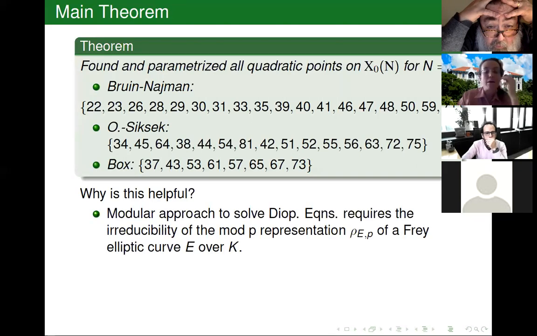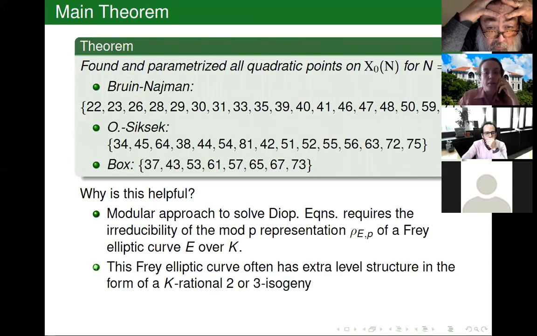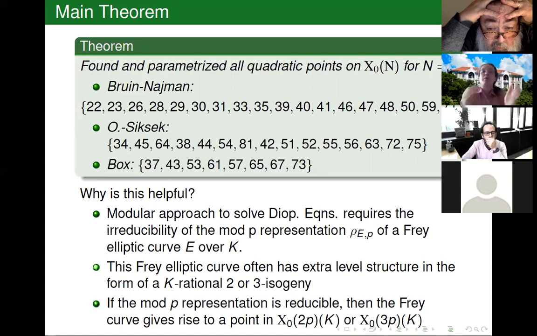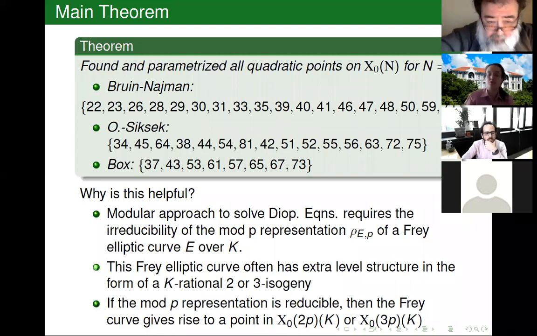Because you remember, we need the irreducibility of the mod P representation of a Frey elliptic curve E over K. And this Frey elliptic curve often has extra level structure in the form of a K-rational 2 or 3 isogeny. So if the mod P representation is reducible, which you don't want, you want the irreducibility. But if the mod P representation is reducible, combining this with the K-rational 2 or 3 isogeny, you should obtain a point on X0(2p) or X0(3p).